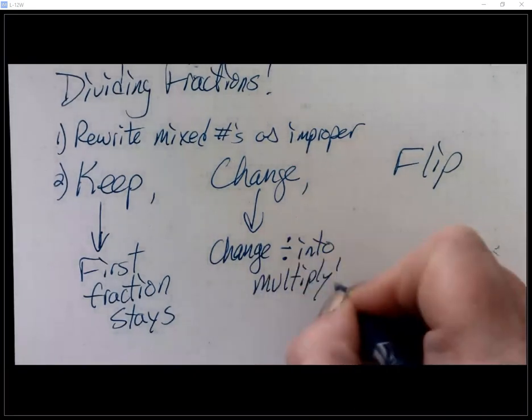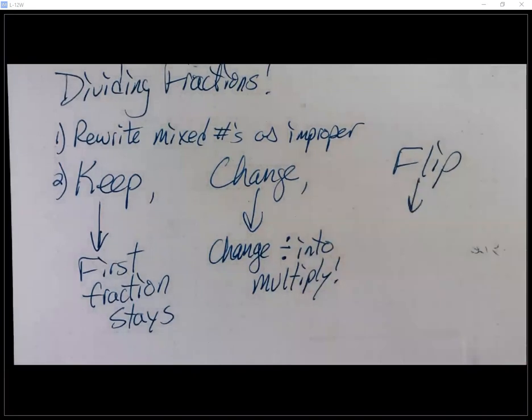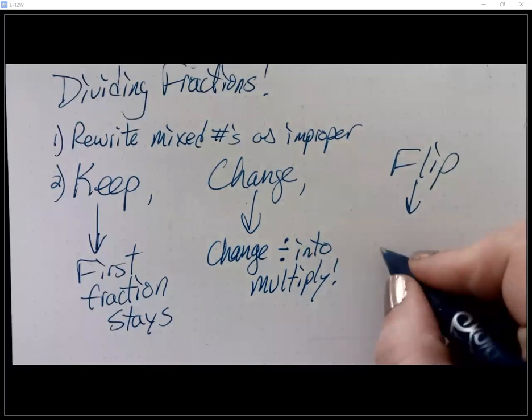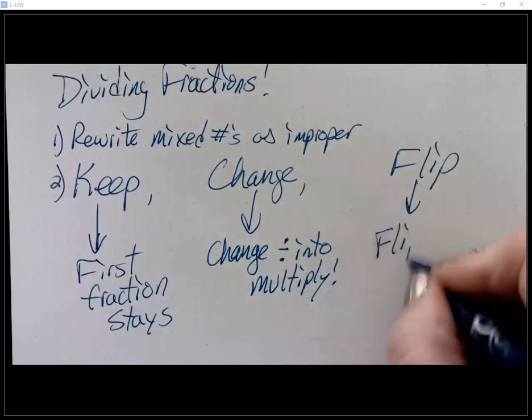And then flip. That's when you take, do you remember that vocab word for a fraction that's flipped over? Like if you take 2/3 and you flip it over to 3/2, there's a special name for that word. Starts with an R. A fraction flipped over. It's called a reciprocal. So when we say flip, we mean flip the second fraction over.